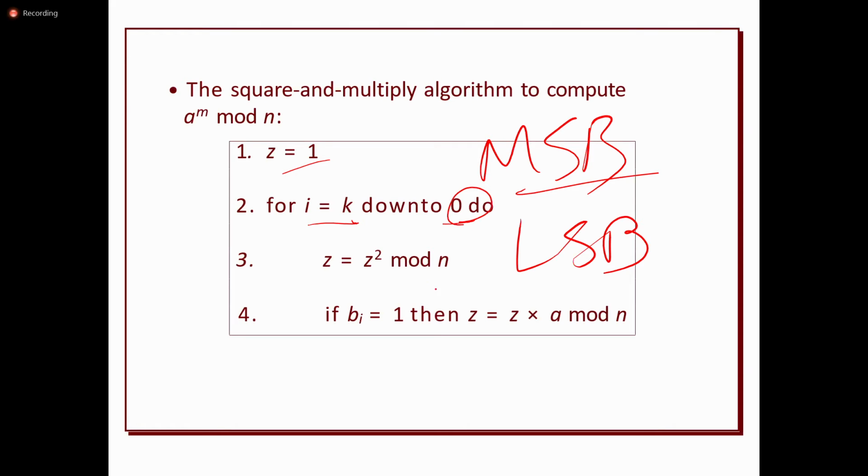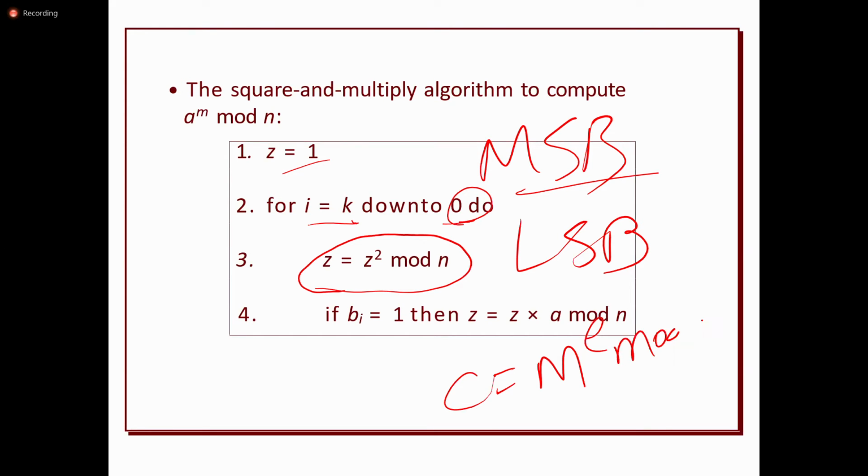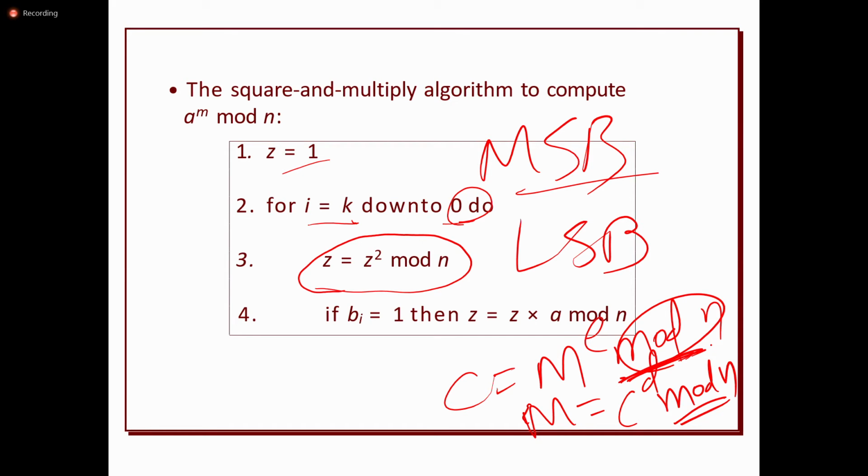For RSA, the formula is C equals m power e mod n. Not only the exponentiation, along with the exponentiation, it has to perform mod n as well. For decryption also, it has to perform m equals c power d mod n. So in both cases, it has to perform modulo arithmetic with n.